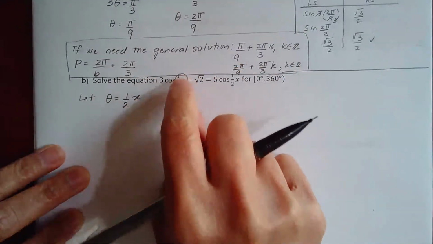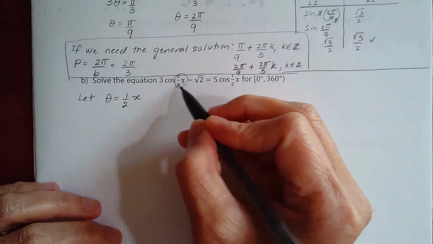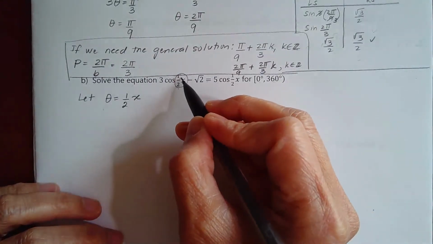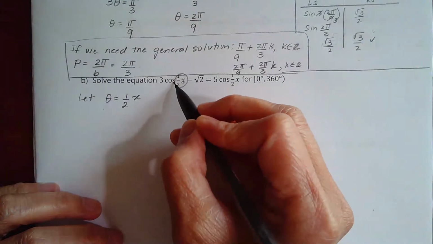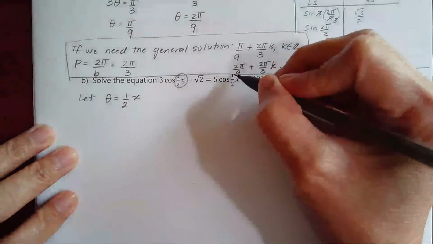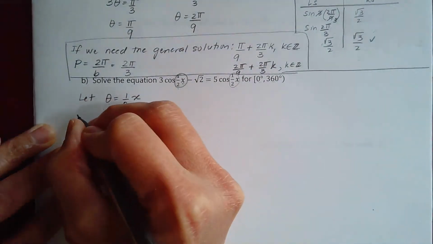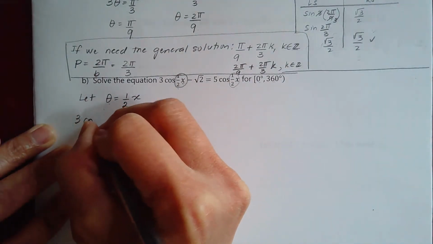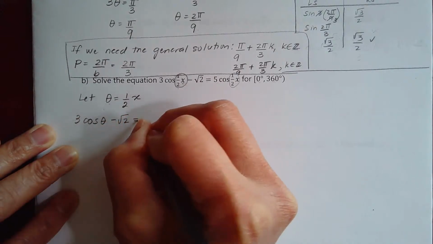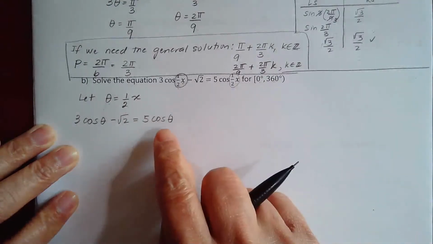That actually simplifies things. We're not looking at the whole thing, we're just renaming 1/2 x with theta. So what does that look like? If we rewrite that, it's going to be 3 cos theta minus root of 2 equals 5 cos theta. And that's about it.